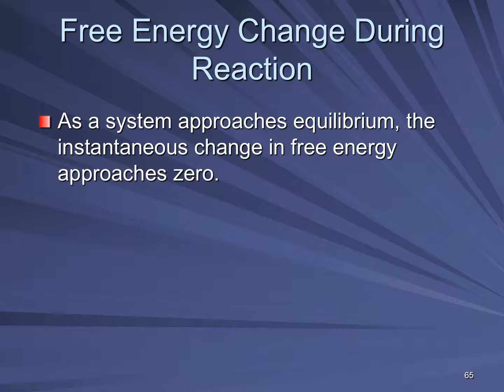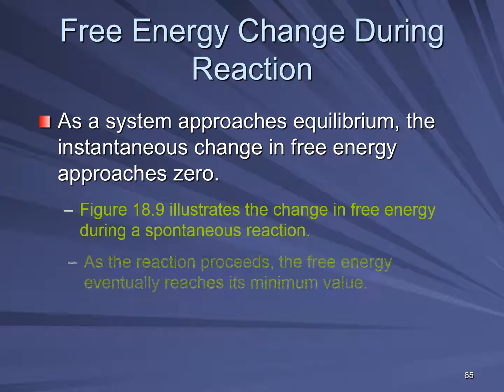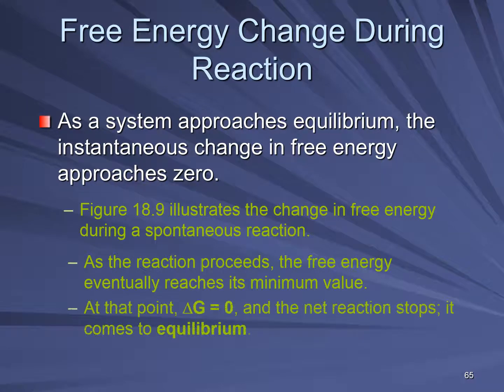As a system approaches equilibrium, the instantaneous change in free energy approaches 0. In other words, delta G approaches 0 when it's near equilibrium. We can illustrate that on the following figure. Generally, as a reaction proceeds, the free energy decreases because it's being used up, and eventually it reaches its minimum value of basically 0.